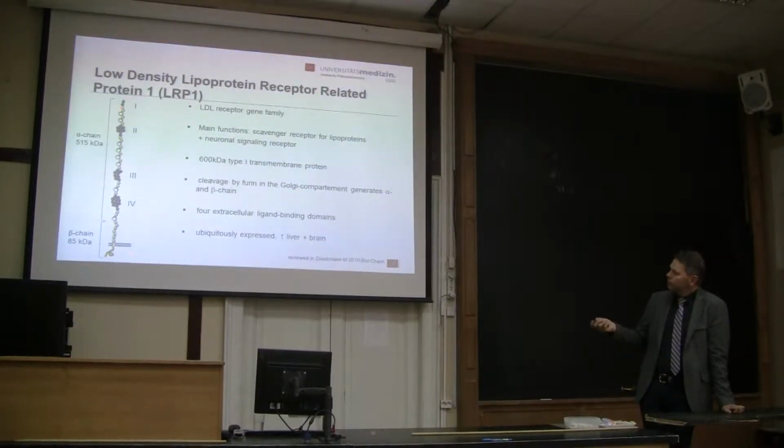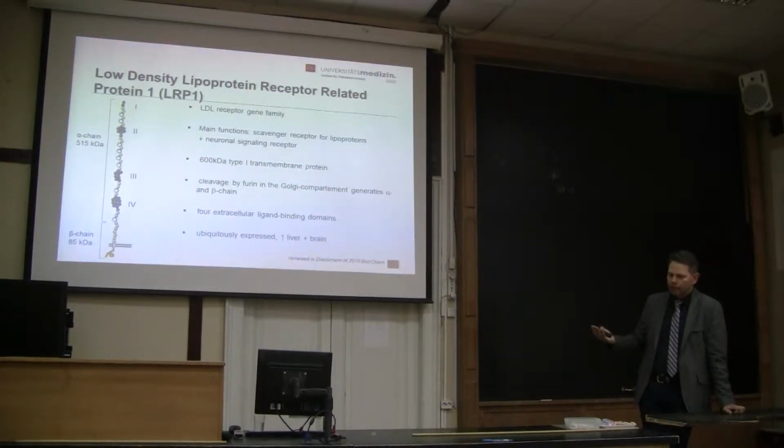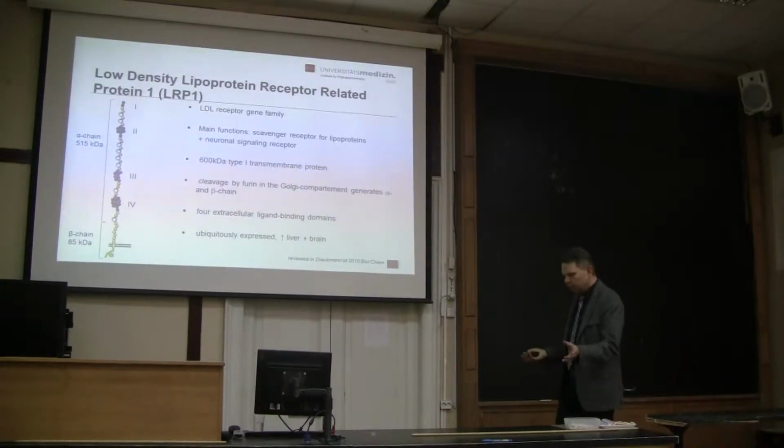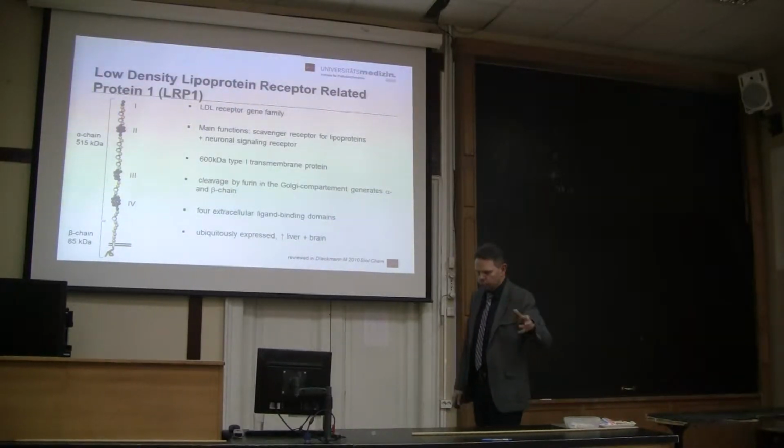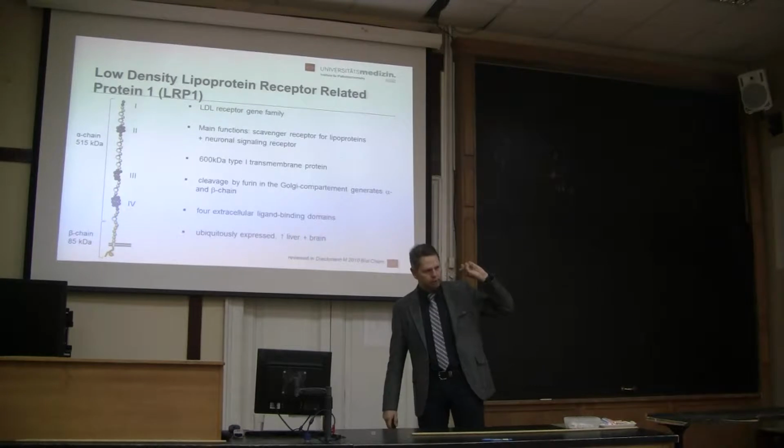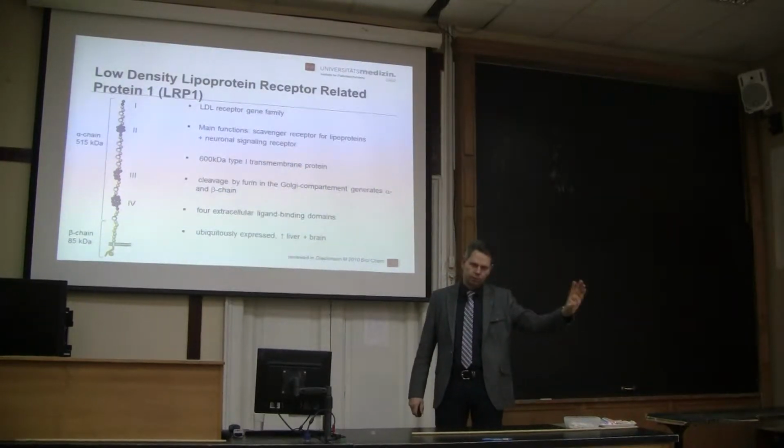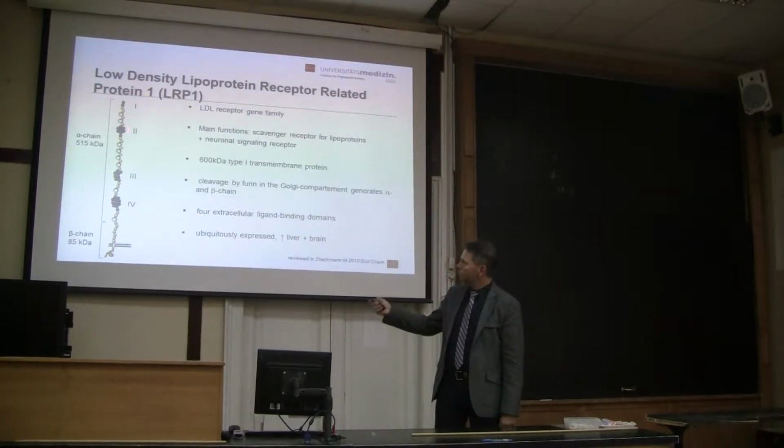The problem with this receptor is, when you're a naive PhD student or postdoc like I was, you always think, oh, no problem, I'll take this one, I'll clone it, and then I'll transfect cells and the cells will express that. Well, good luck with cloning something like that.